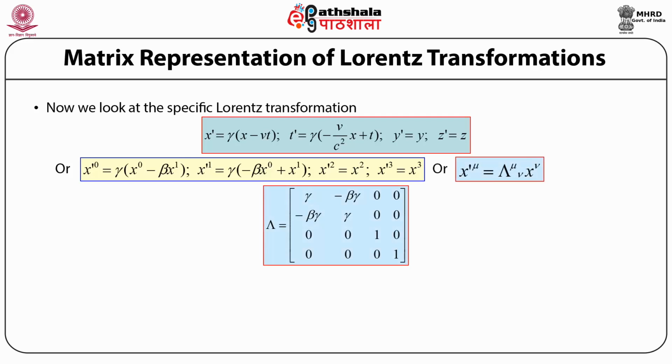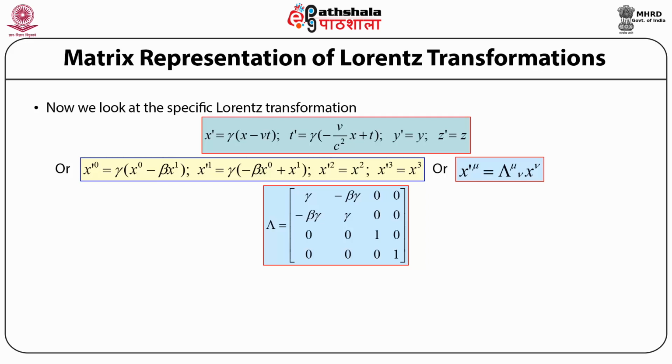Or we can combine all of these equations in the tensorial notation as x prime superscript mu is equal to lambda superscript mu subscript nu times x superscript nu, where lambda superscript mu subscript nu is called the Lorentz transformation matrix.